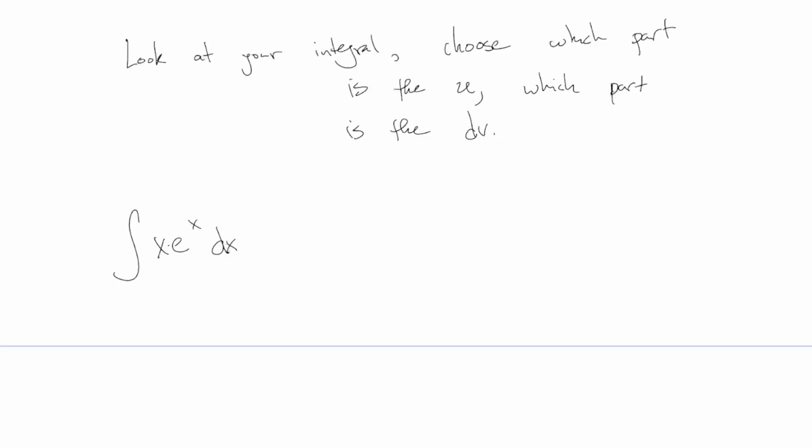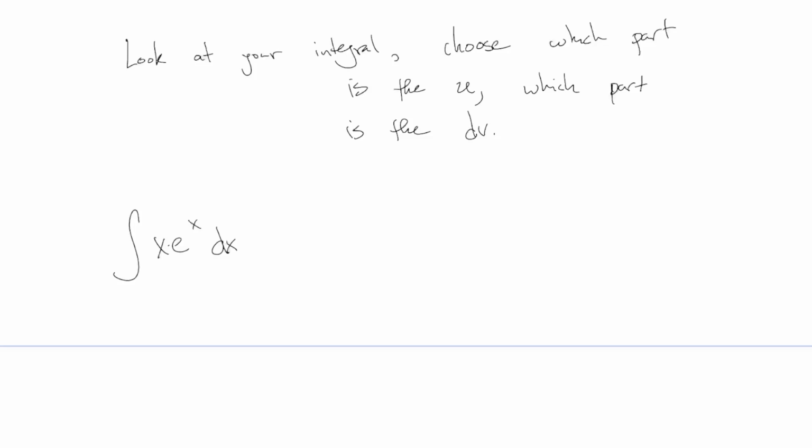Unfortunately, in this case, u substitution just doesn't work. If I were trying to do the u substitution, I might choose u to be the inside of this, which would be just x, but that's not going to give me anything to handle this x on the outside. In fact, there is no way to make this work using the u substitution.